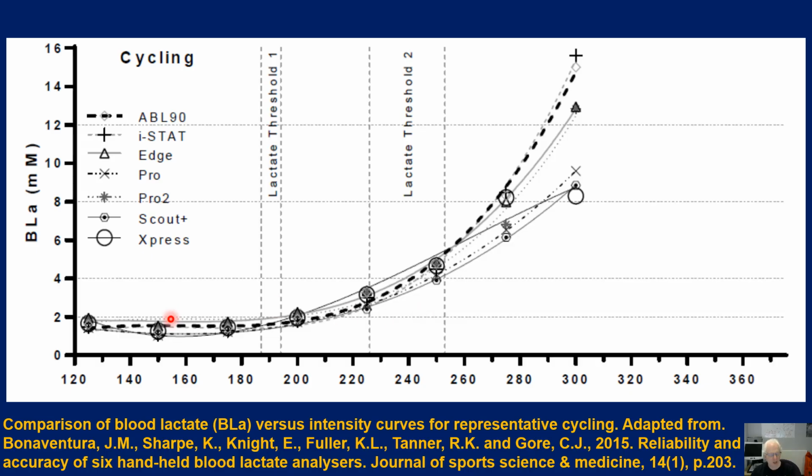It does seem to suggest that in the more steady state orientated exercise we are probably okay using this range of methods, but as I mentioned right at the start, for internal reliability, stick with the same one. But if you're looking for maximal concentrations, there is an awful range of responses that you can see here.